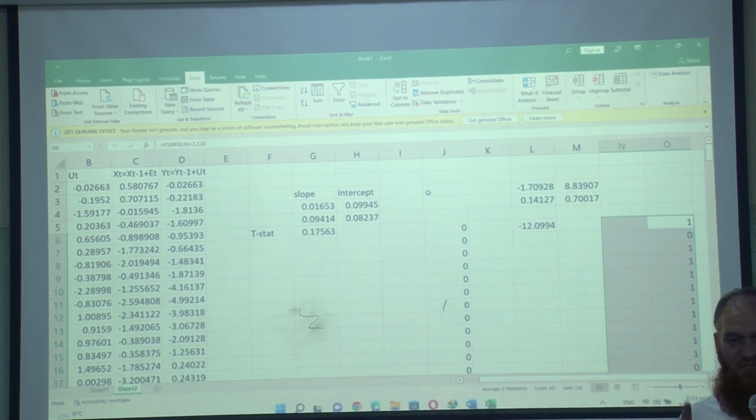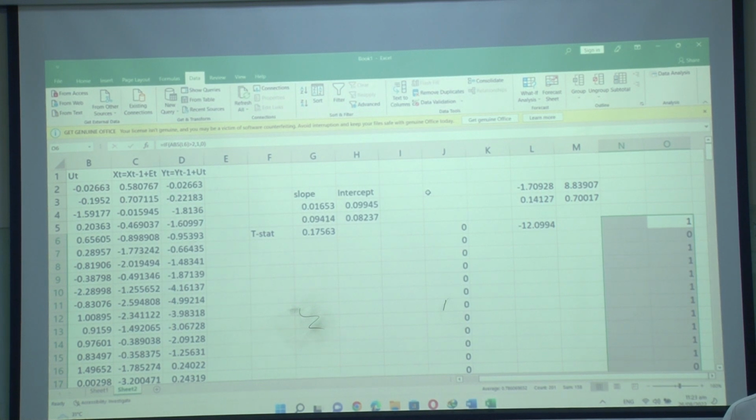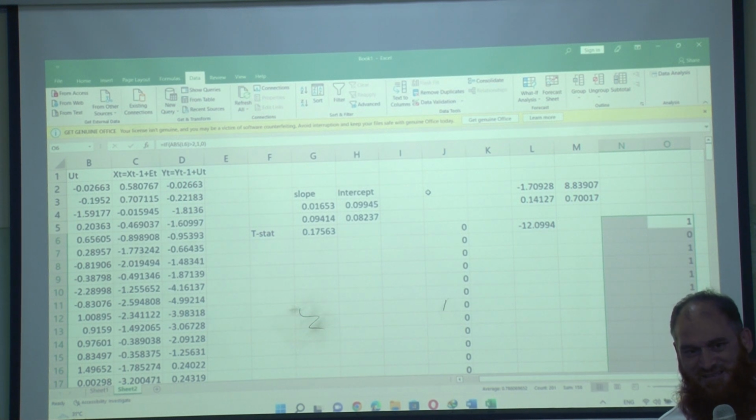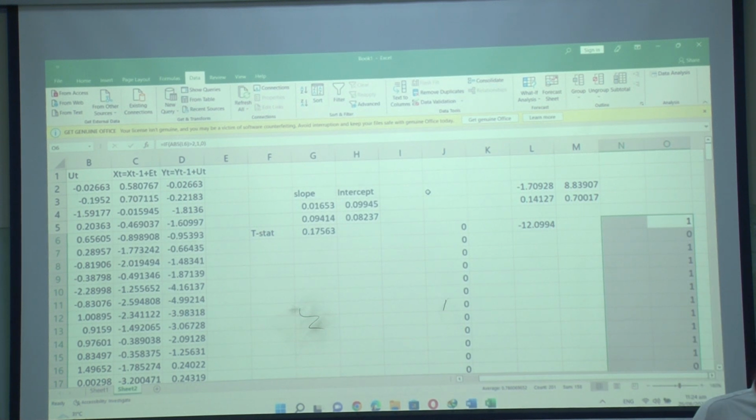We know that x and y are independent, but the statistics is telling me that out of 200 regressions, about 160 regressions are significant. This is roughly 80%. 80% of the time I am getting the wrong message. This is called spurious regression.